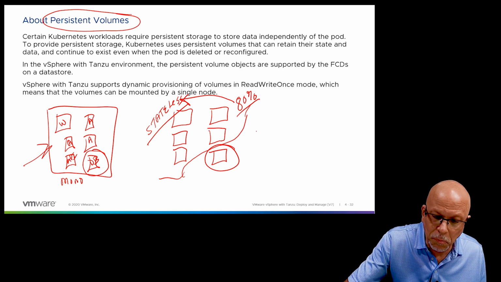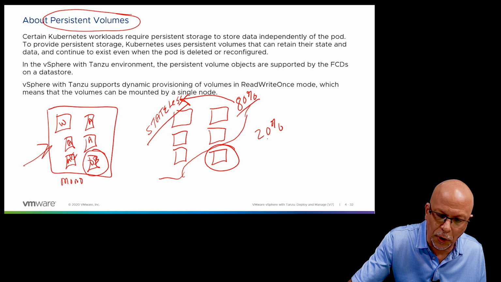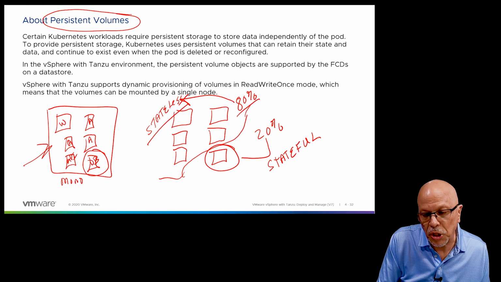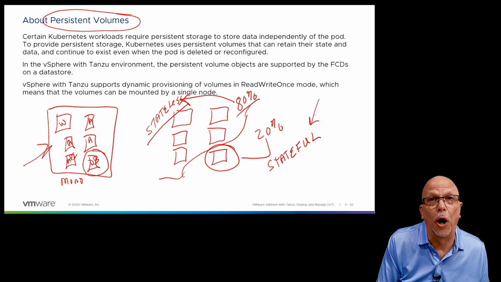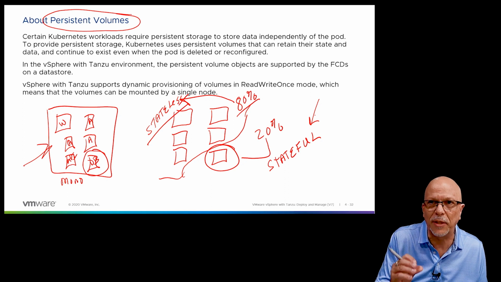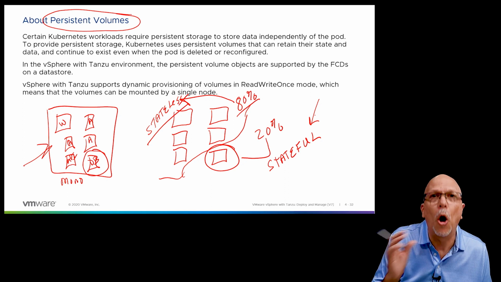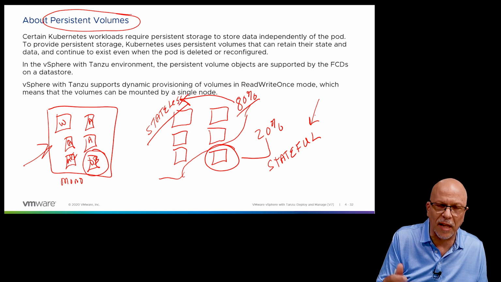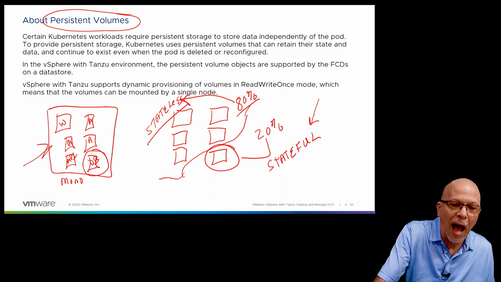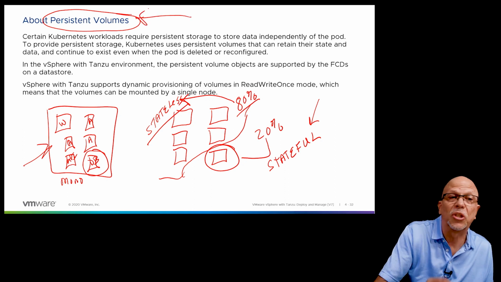And then some smaller percentage over here need to be stateful. So if I'm doing something in the stateful regard, it has to be defined with special components in Kubernetes to make it stateful. And when we come back from our break, that's where we're going to talk about how do I define persistent volumes.